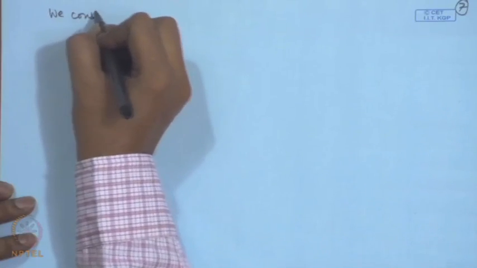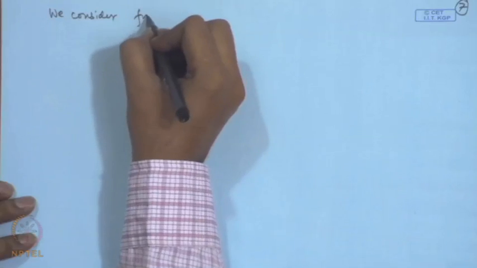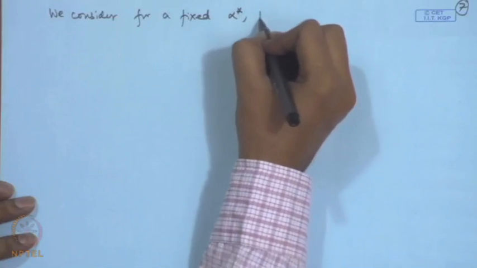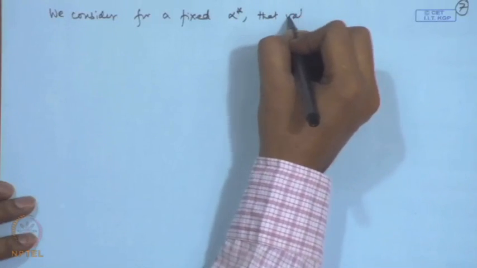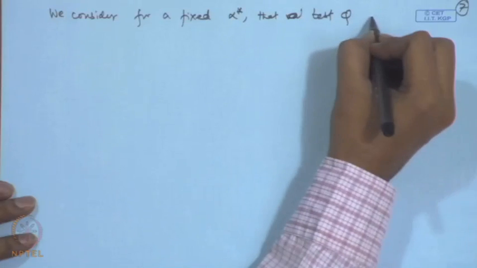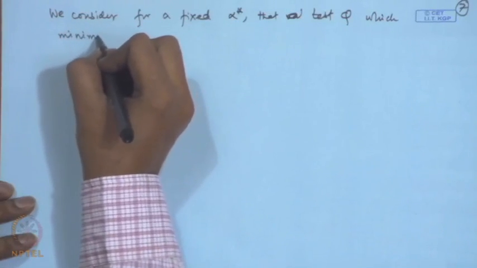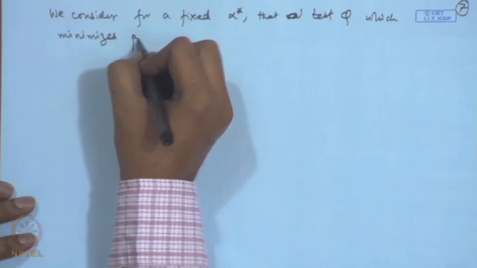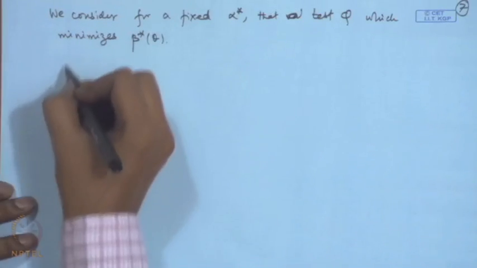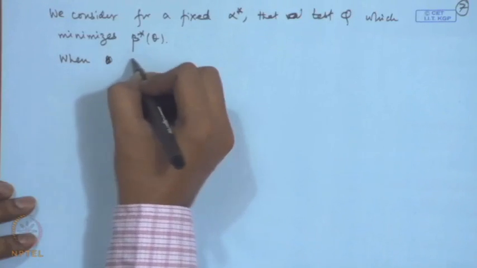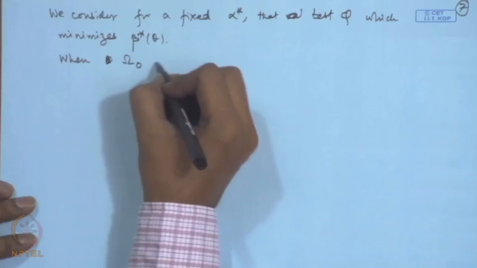So, what we do is consider, for a fixed alpha star, that test phi which minimizes beta star theta, when theta belongs to omega 1.